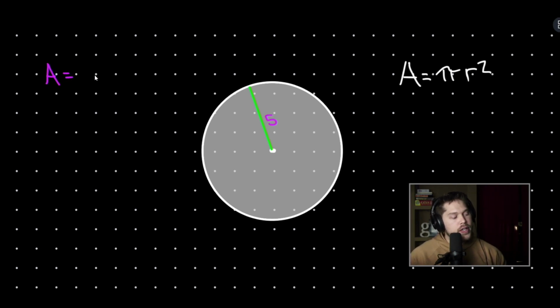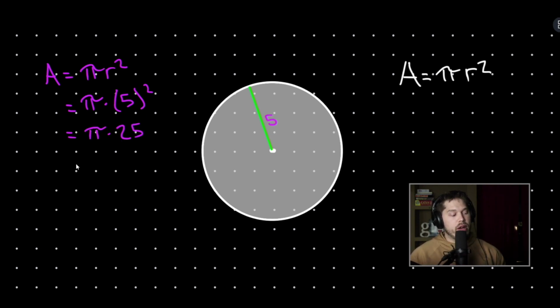Well, we just use our formula: area equals pi times the radius squared. We plug in 5 for the radius, such that we have pi times 5 squared. Computing 5 squared, we get 25. So pi times 25 is our area, but conventionally you would write it as 25 pi. Again, if units were given, if we said this is 5 inches, then our area would be 25 pi inches squared.